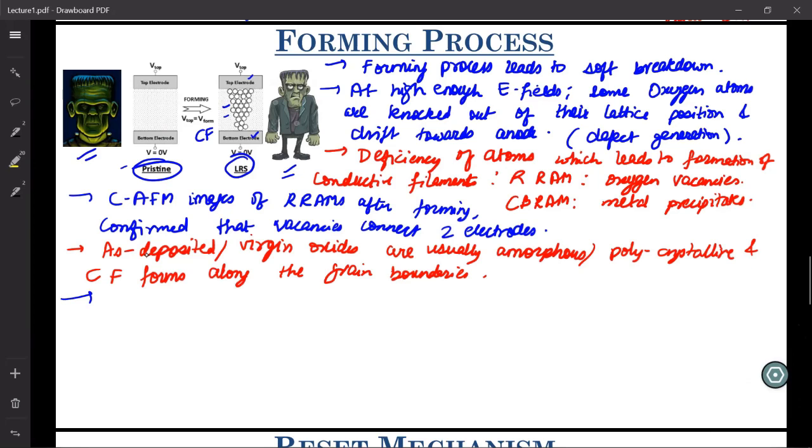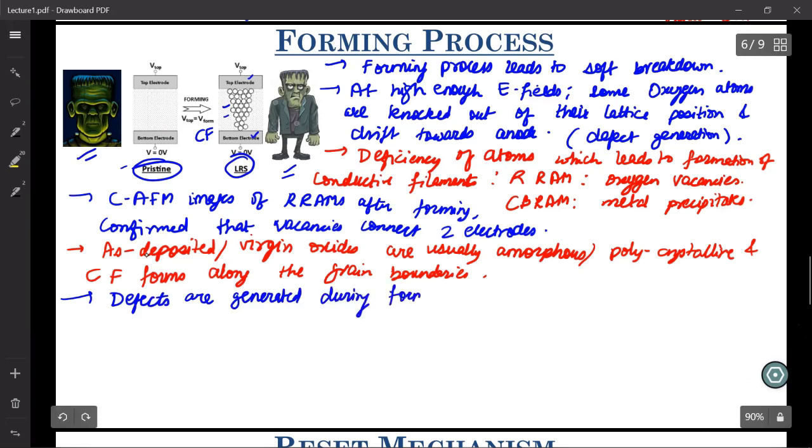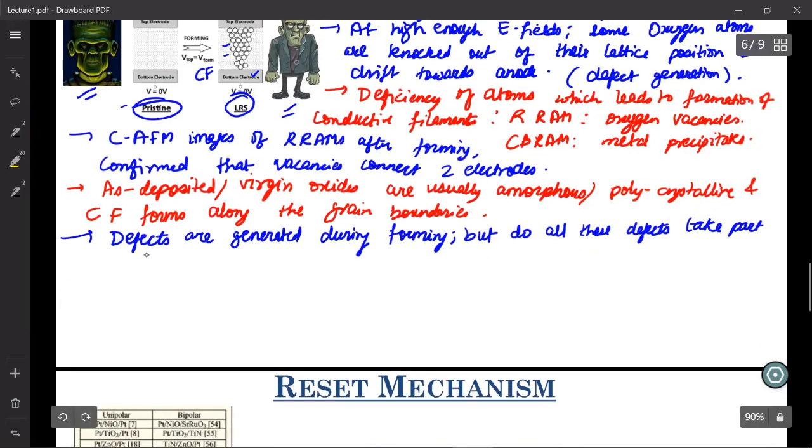So the question I raise here is, okay, I generate a lot of defects, a lot of defects are generated during the forming process, but do all these defects take part in subsequent switching?